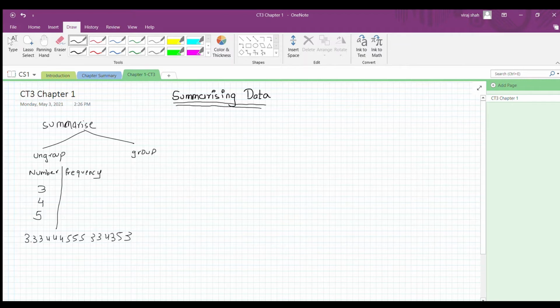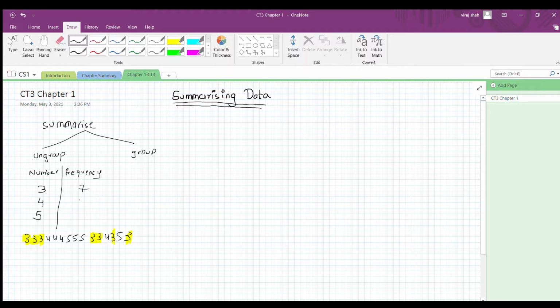So starting with it, we will calculate how many number of times 3 comes. So it comes 1 time, 2 times, 3 times, 4 times, 5 times, 6 times, and 7 times. So basically, the frequency of the occurrence of number 3 is 7 times.